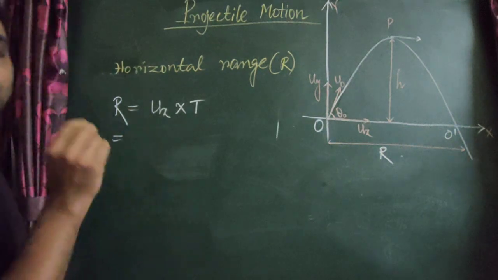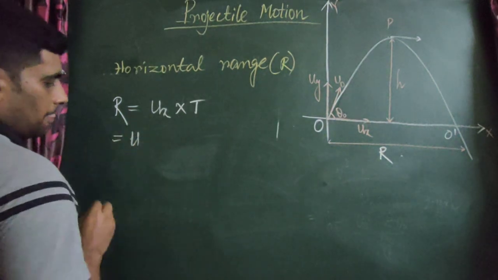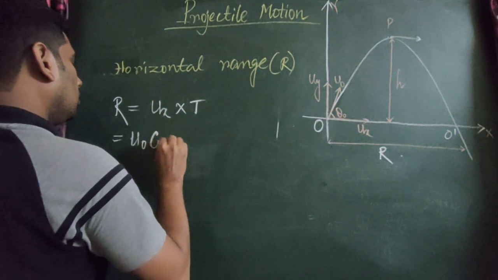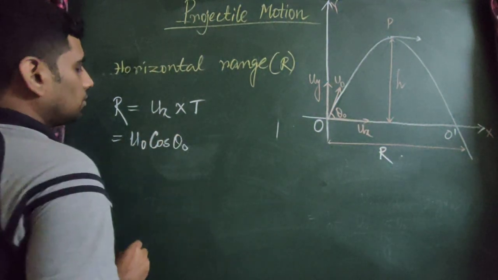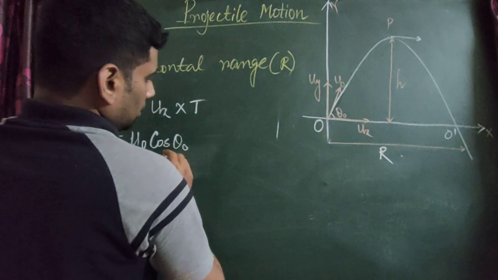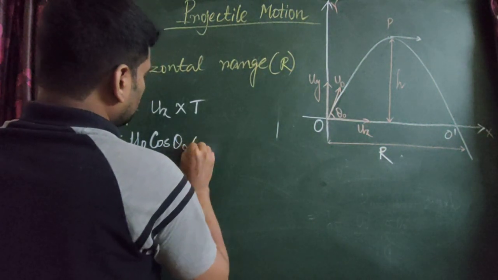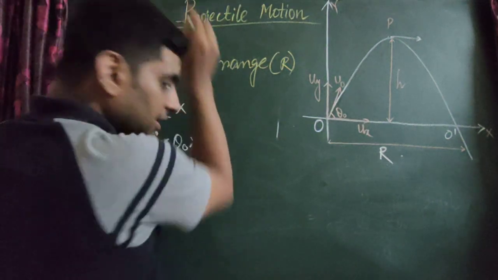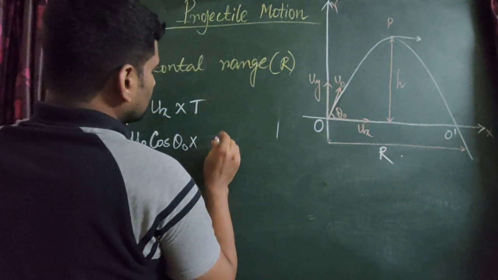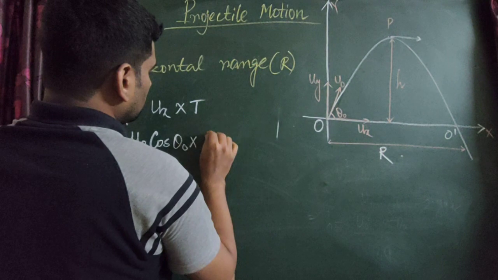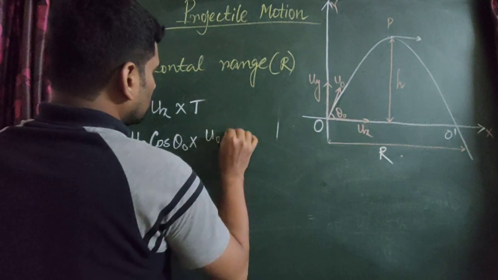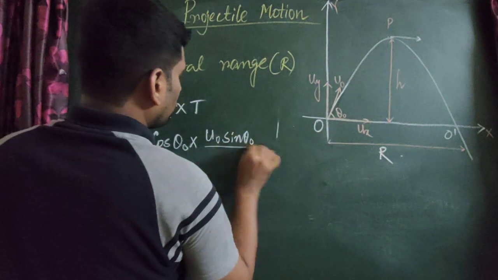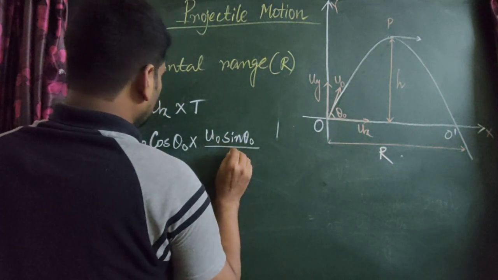So put the values now. u0 cos theta 0, and you have to put the value of the time of flight. If you remember, we have got the time of flight t as 2u0 sin theta 0 by g.